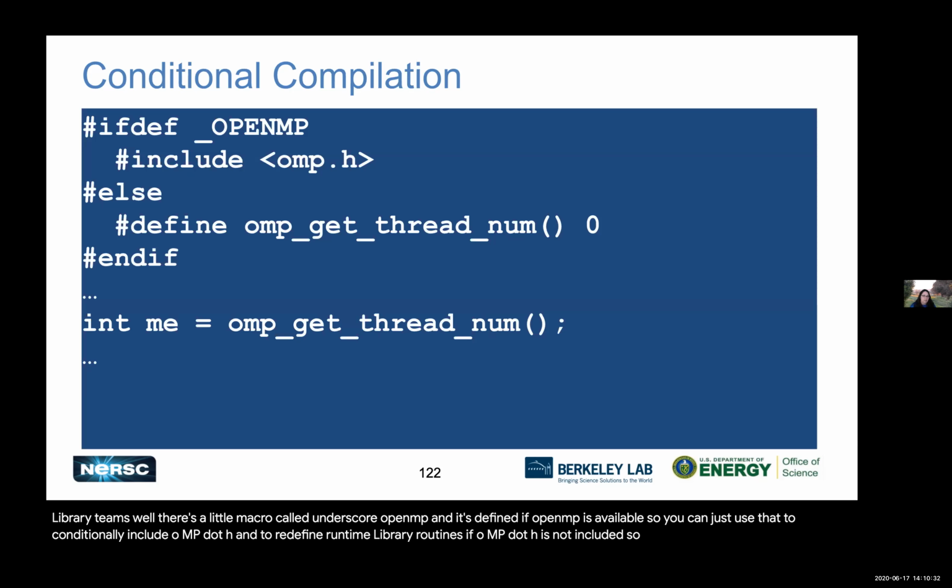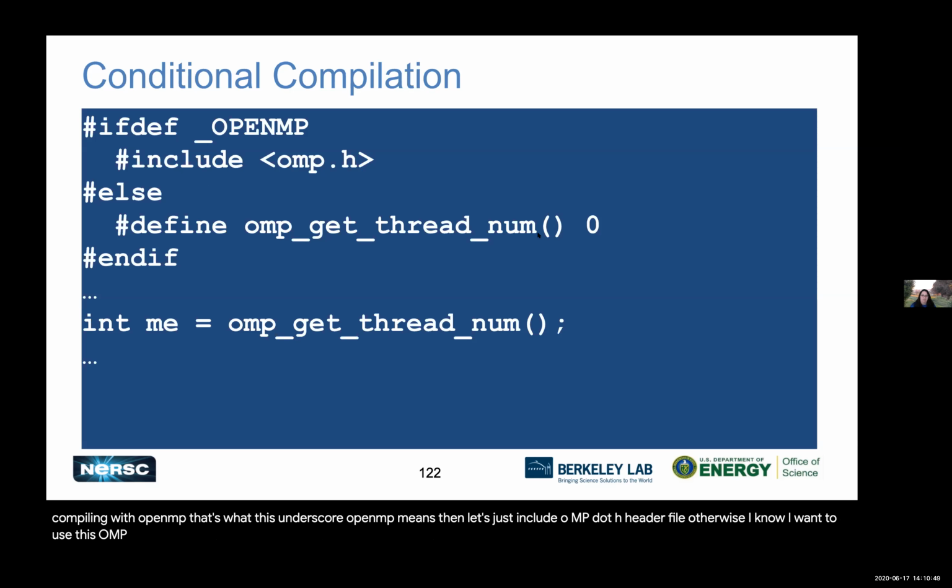So here's an example. If we're compiling with OpenMP, that's what this _OPENMP means, then let's just include the omp.h header file. Otherwise, I know I want to use this omp_get_thread_num thing, I'll just define it to be 0.